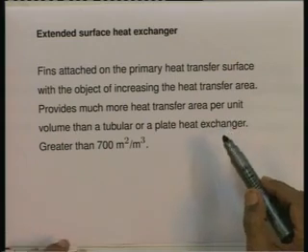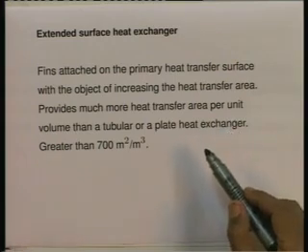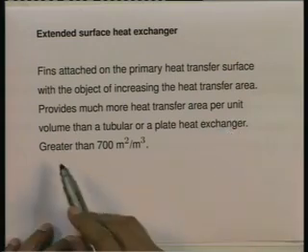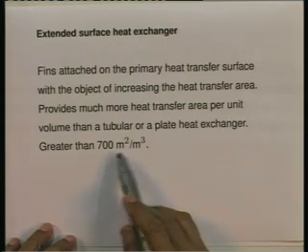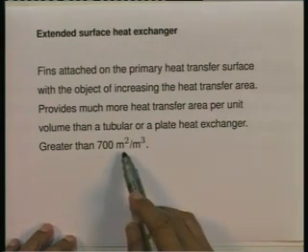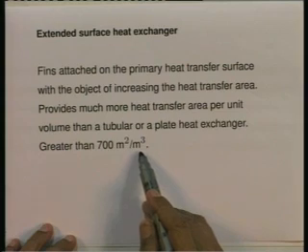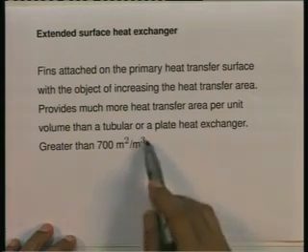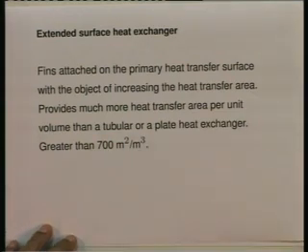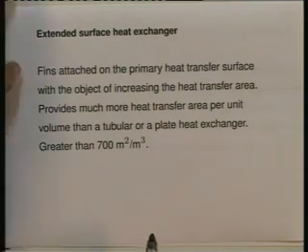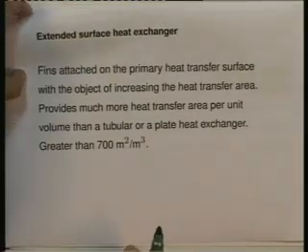Typically, in an extended surface heat exchanger, one has more than 700 square meters of heat transfer area per unit volume of the heat exchanger. Compare this with the numbers that I gave you earlier. So, you put fins on the primary heat transfer surface in order to enhance the heat transfer area per unit volume of the heat exchanger.